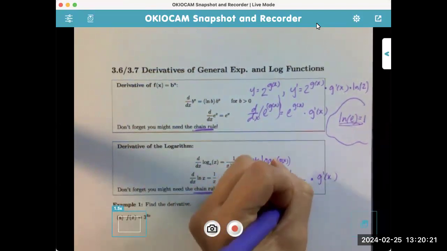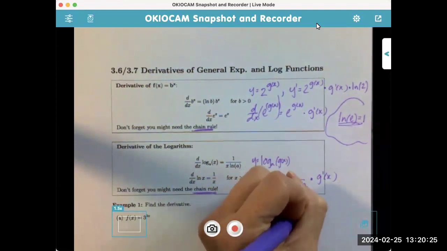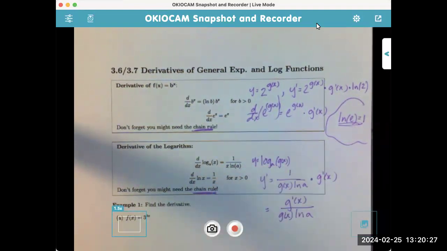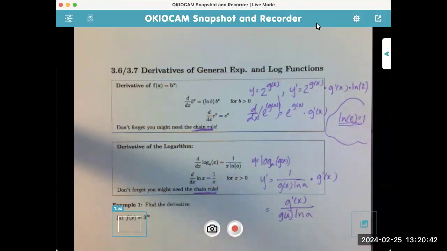So a lot of times we'll get g prime of x over g of x times the natural log of a. Again, for natural log of x, we don't have that extra natural log bit in the denominator because the assumed base is e. Natural log of e is 1.